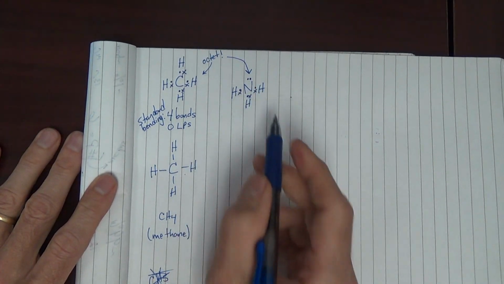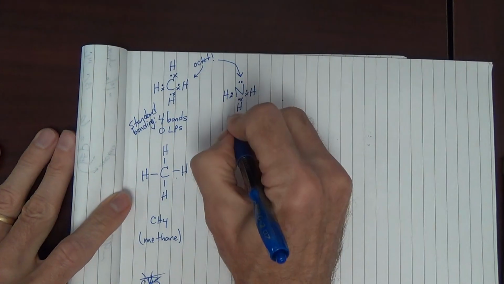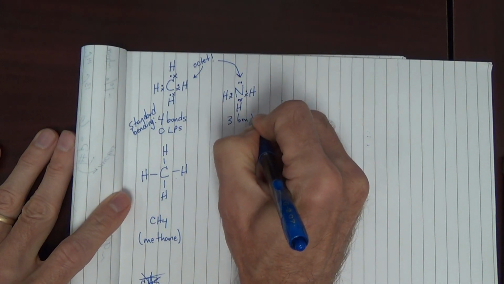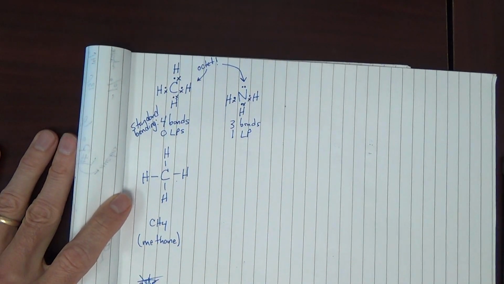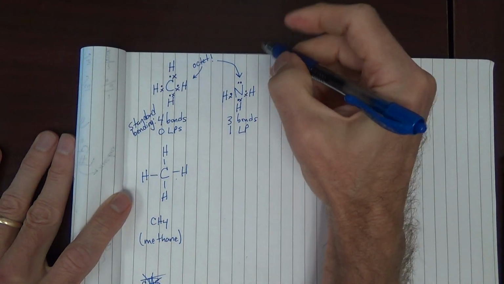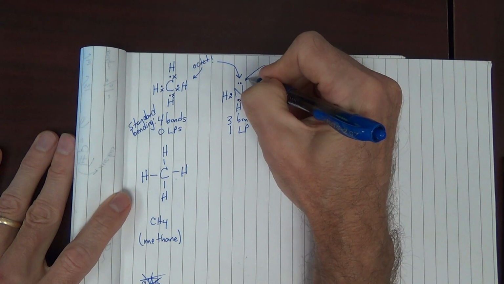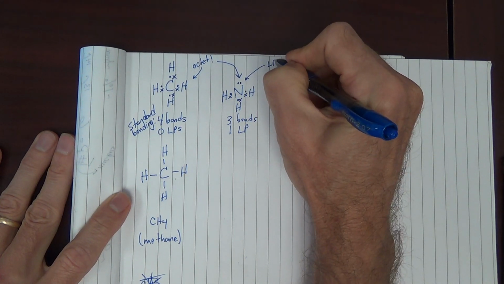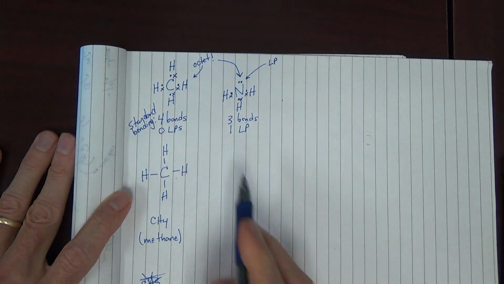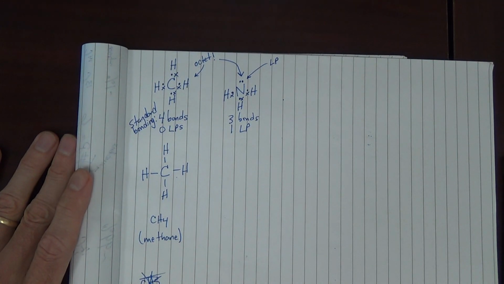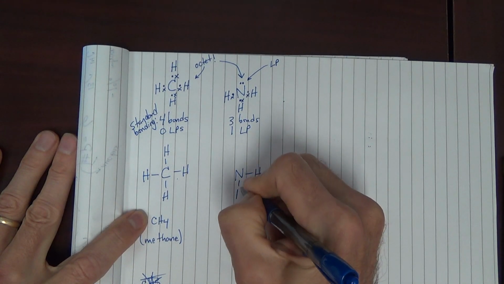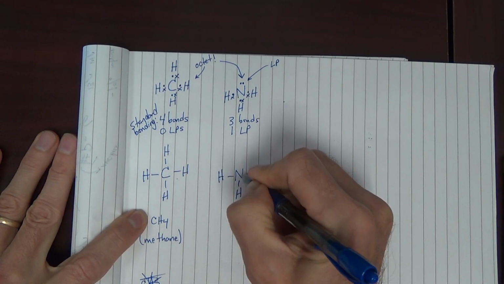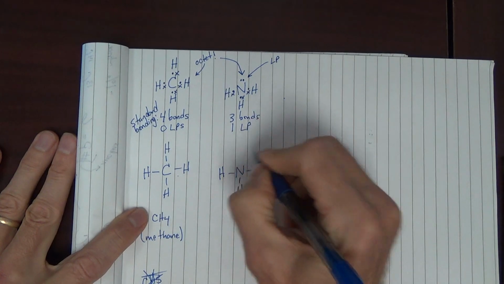So this is common bonding for nitrogen. What is that? It's actually 3 bonds and 1 lone pair. Because we have a lone pair of electrons. And I designate that, abbreviate that as LP. Of course, this would be written like this if we want to use the dash for the 2 electron covalent bonds.